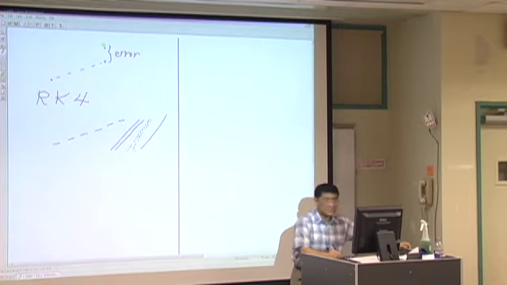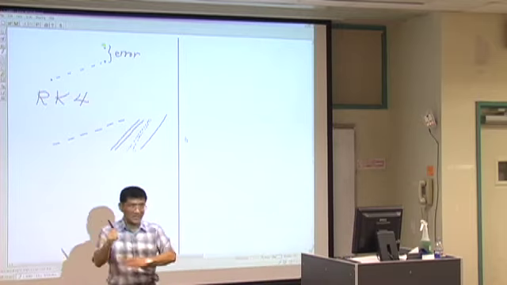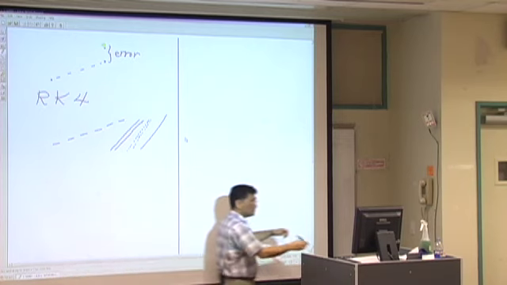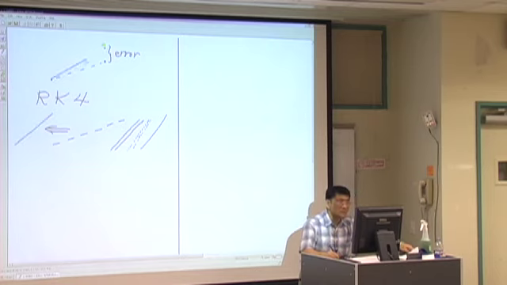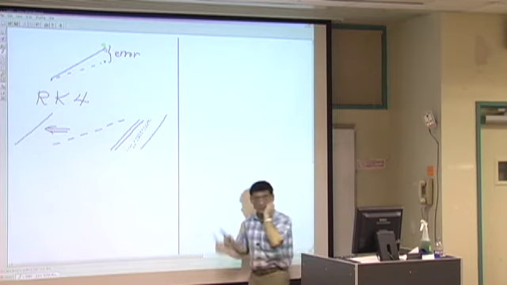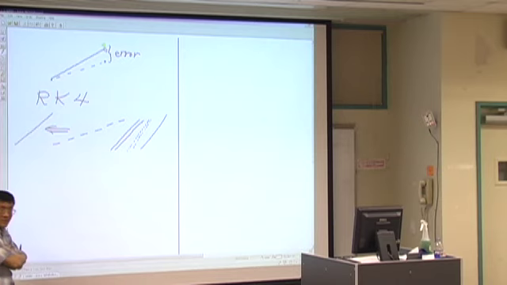So we add these 6 different slopes and divide by 6 to get the average slope, like this one. This is the goal of RK4, and if you have any questions about RK4, ask me.